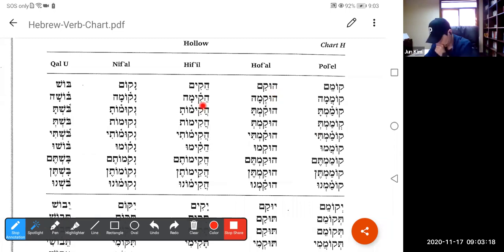Unlike hifil, because, you remember, if you are talking about the hifil indicator of hollow verb, it comes with a different vowel, something like tsere or segol. But why is it that we have shurek? Because this one is still hofal. That's why it still comes together with who.